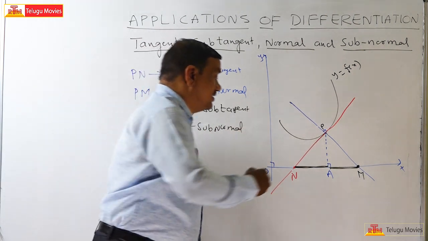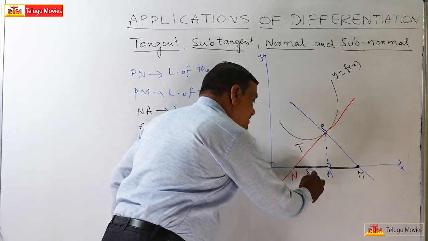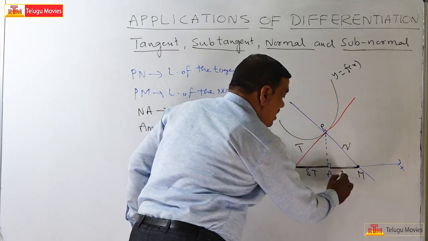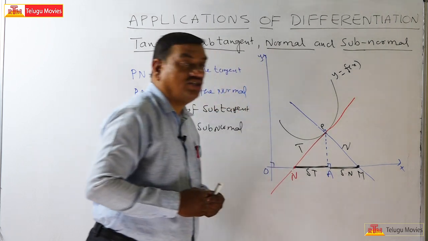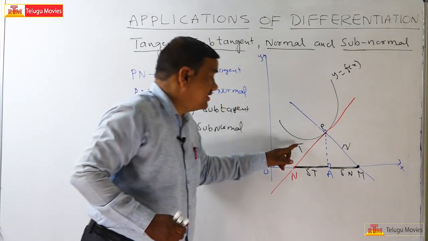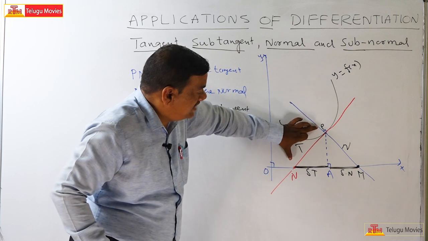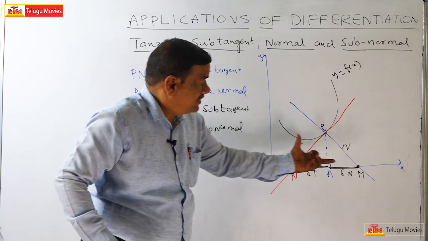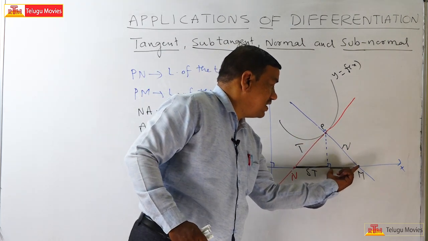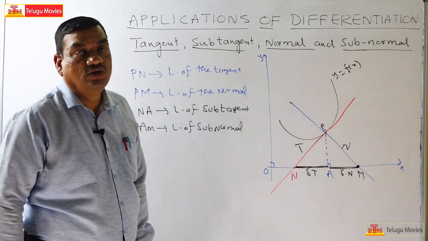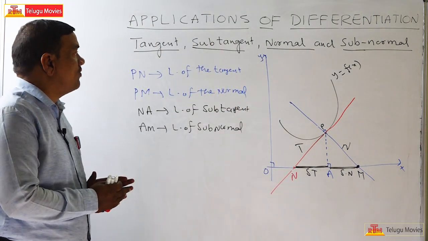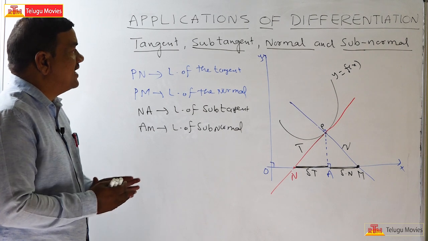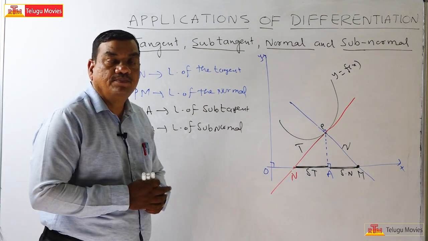That means this is the tangent, this is the subtangent. This is the normal, this is the subnormal. Understand this? The length of the tangent, the length of the subtangent, the length of the normal, the length of the subnormal. So these are the concepts of tangent, subtangent, normal and subnormal.